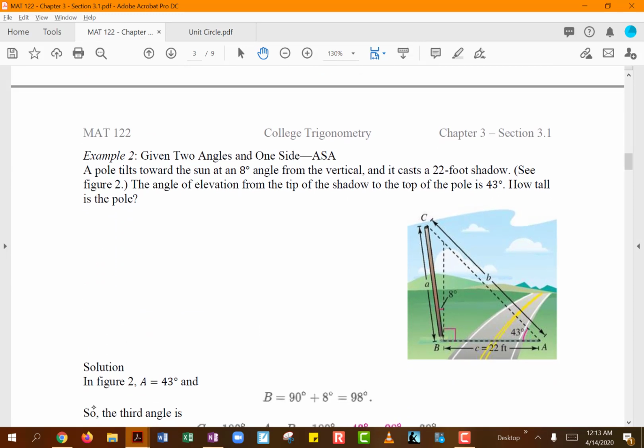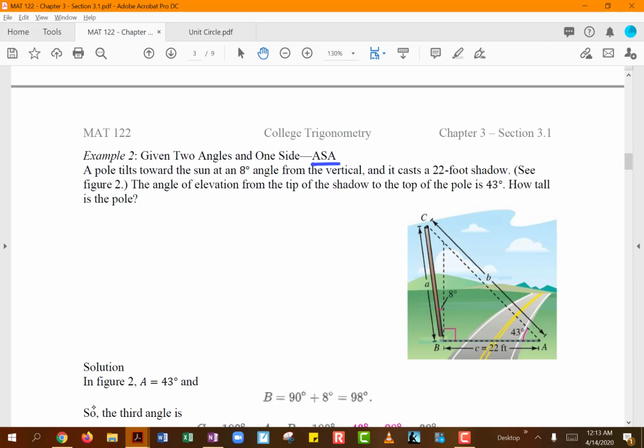Now for case number 1, again you can have a different order in which your two angles and one side are given. So this is two angles and one side where your side is actually going to be sandwiched between the two given angles. So this one here is talking about a pole that tilts toward the sun at an angle of 8 degrees from the vertical.